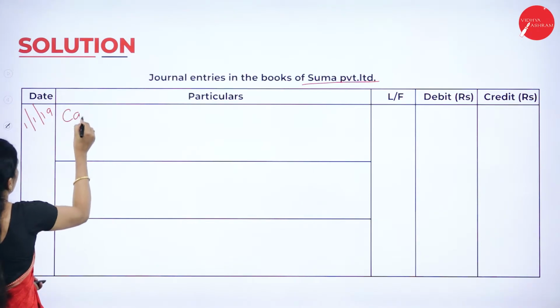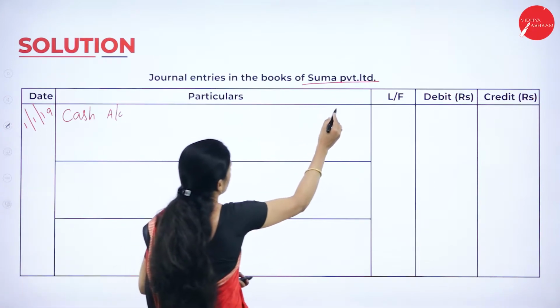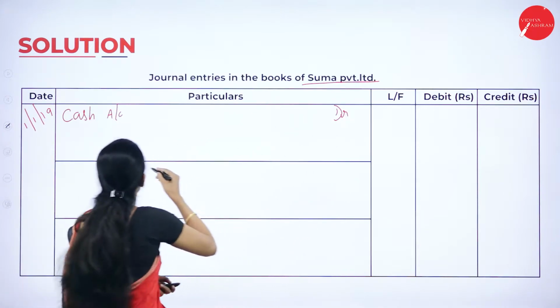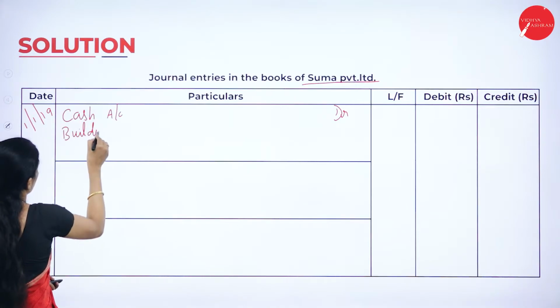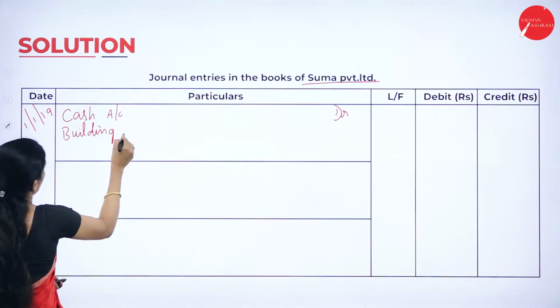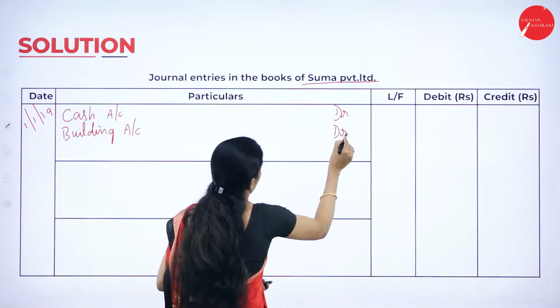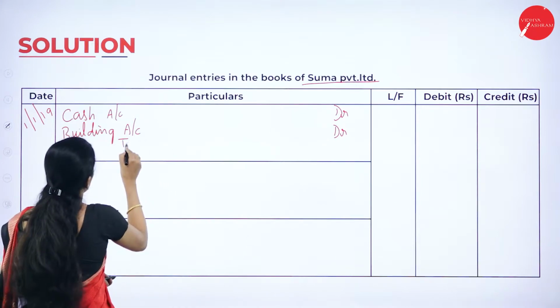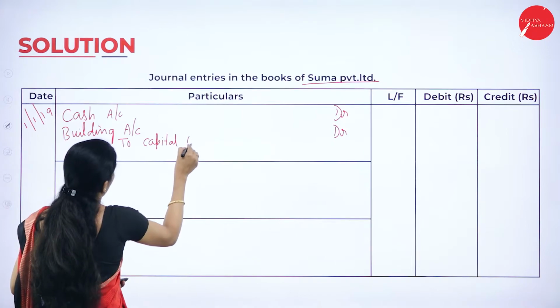1/1/2019. Cash account debit, building account debit to capital account.